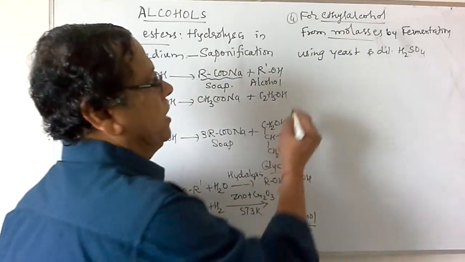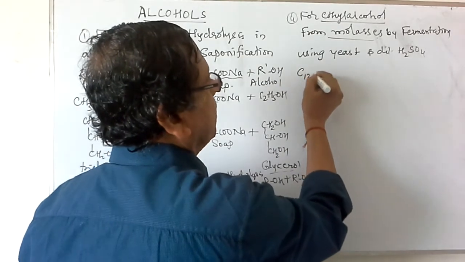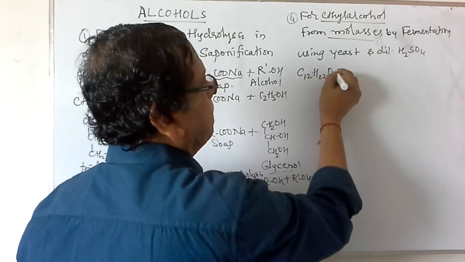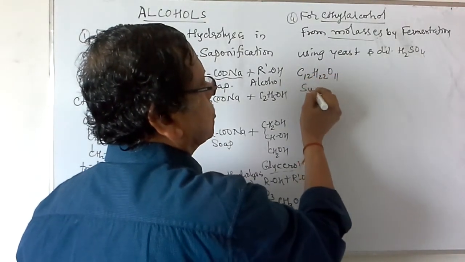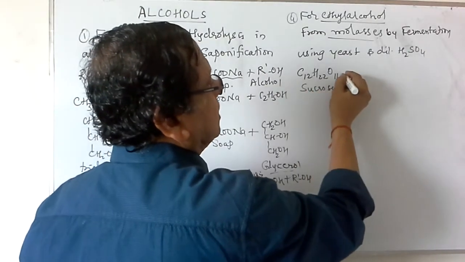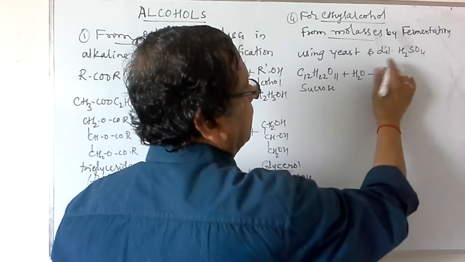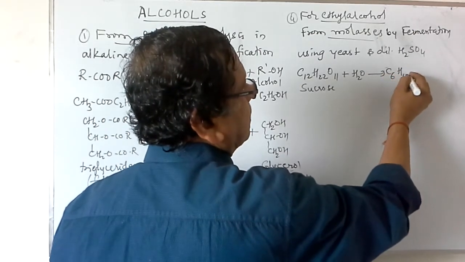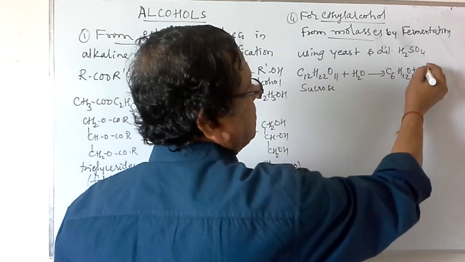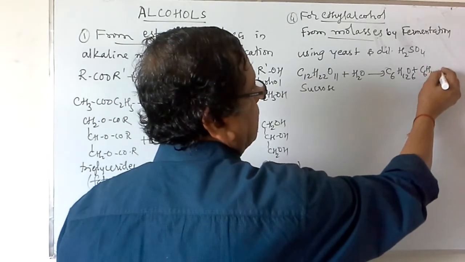So sugar actually contains C12H22O11. This is nothing but sucrose. This undergoes hydrolysis to give rise to C6H12O6 plus C6H12O6.